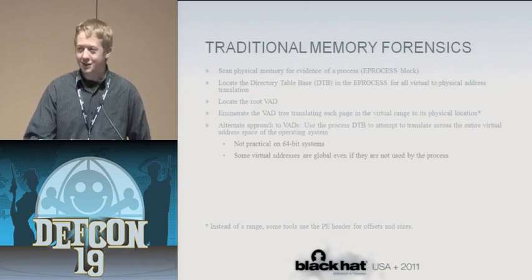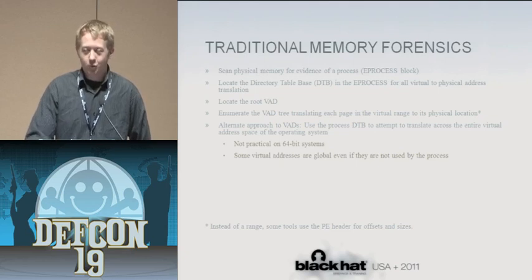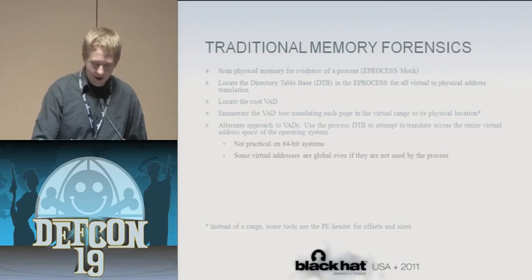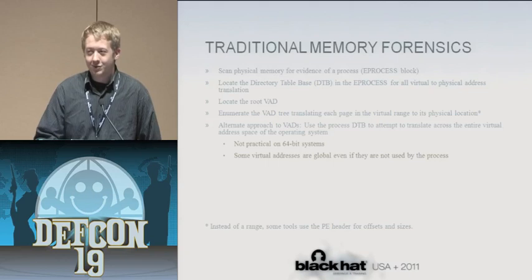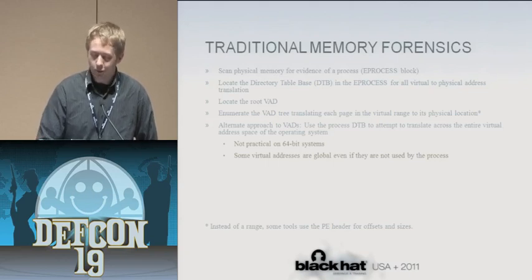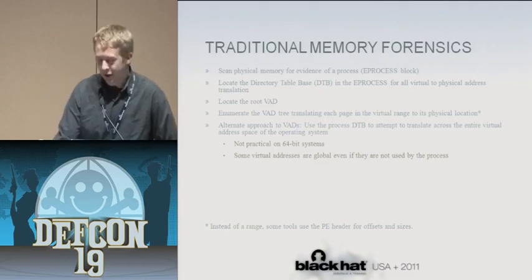But on 64-bit, the size could be enormous. This also leads to some misattribution of the data, because the virtual addresses could translate globally, not particularly for that process. And this leads us to problems in the existing tools being used. So with that, I'm going to hand it off to Jamie Butler.